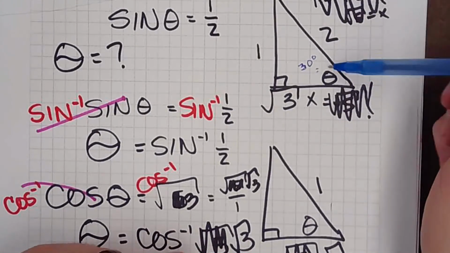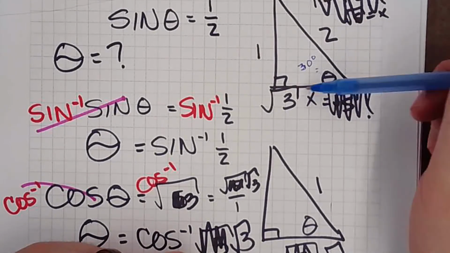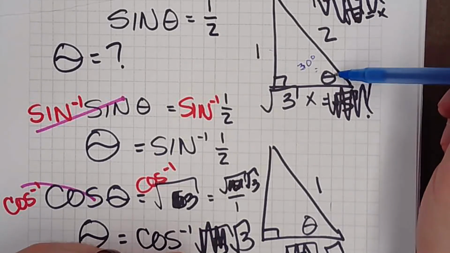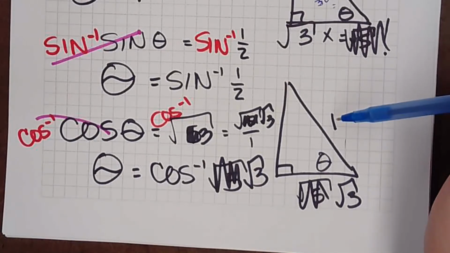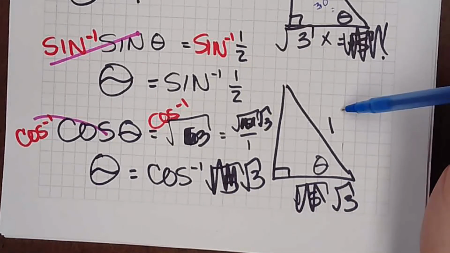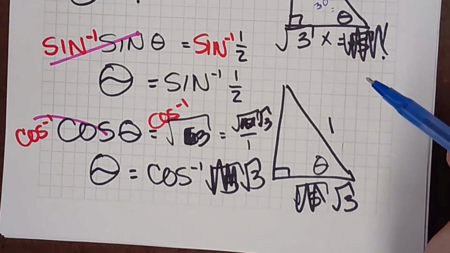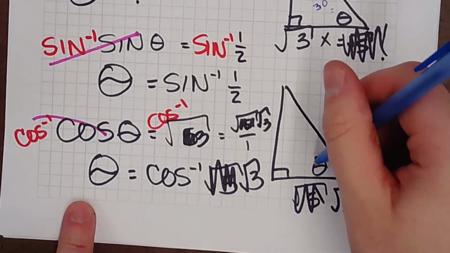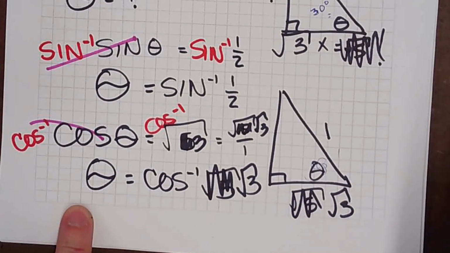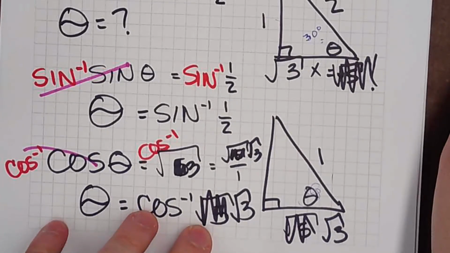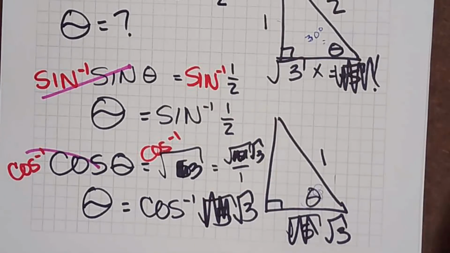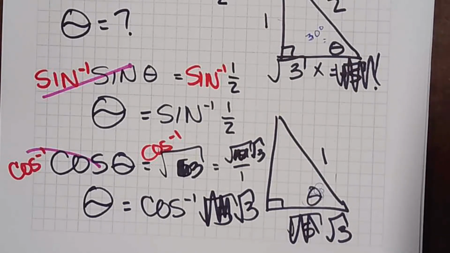When we had this triangle up here with 1, 2, and root 3, we said the sine of 1 over 2 will get you 30 for this guy. Now we've got this guy. Root 3, 1. What do you think the cosine is going to get? What do you think the cosine inverse of root 3 is going to be? Well, it's going to be whatever this angle is. Any thoughts? Would you like me to draw a little bit cleaner so you can see it?